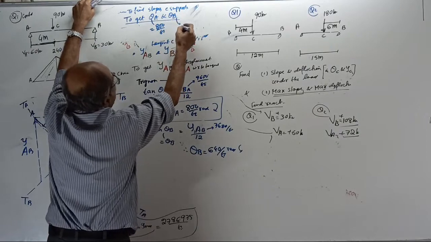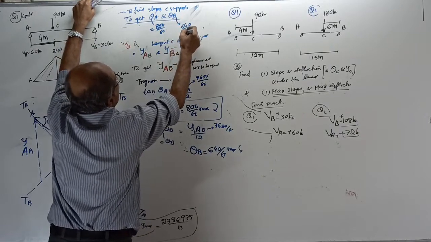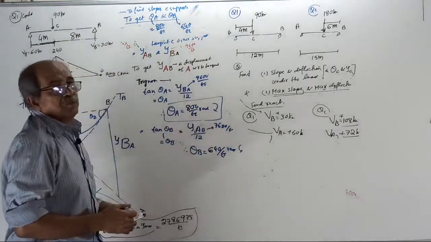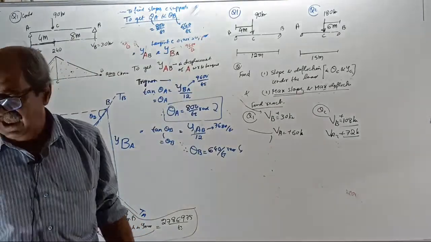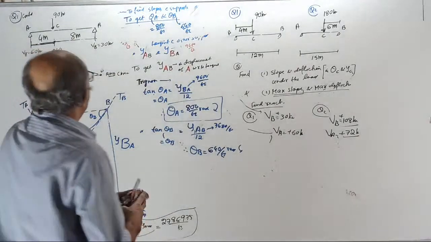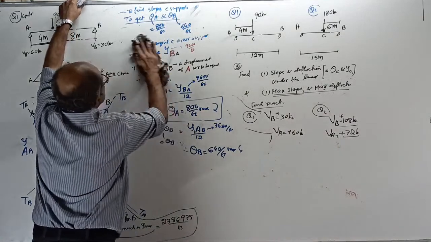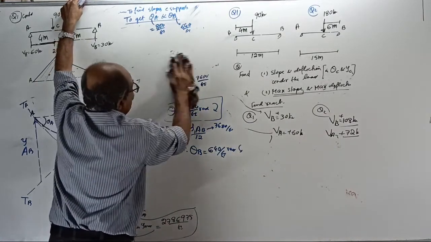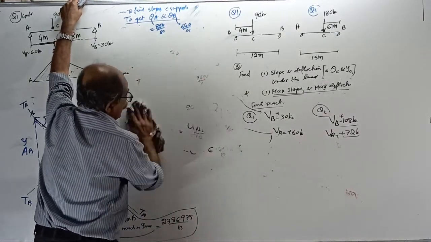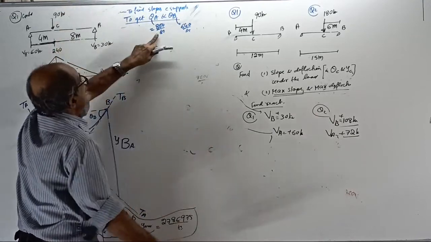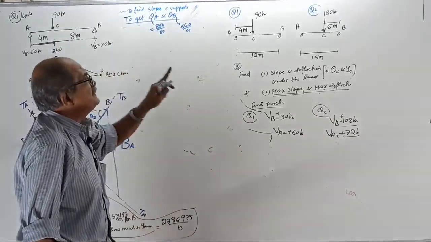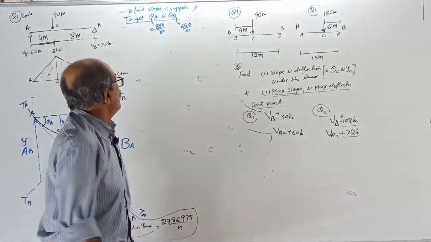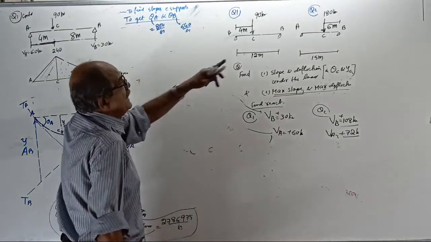You know the value of theta B, 640 by EI. Therefore, maximum slope is over. Maximum slope is slope at A or slope at B, whichever is more. For our question, maximum slope is 800 by EI at A. In the next question, it will become at B. Okay, now, second question.